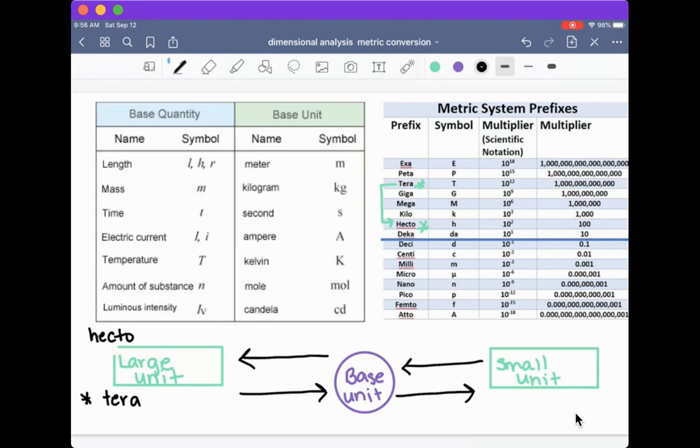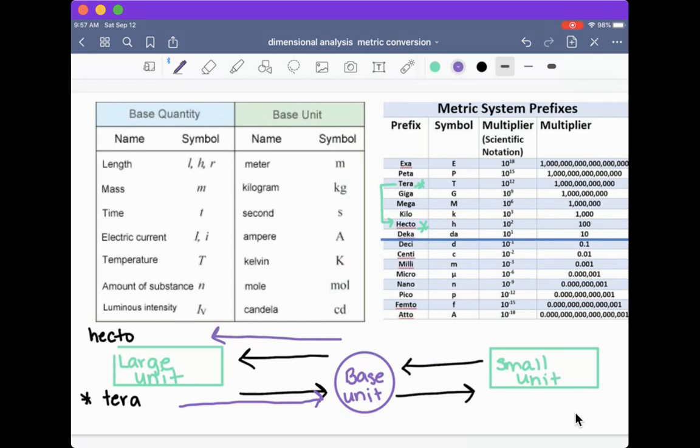Now in order to get there, I'm going to have to follow my map. Starting at the tera and ending at the hecto, I'm going to go into the base unit first. I'm going to find the equality that gets me into the base unit, and then I'm going to take it from the base unit back into the hecto. So I drew two arrows, so I'm going to use two equalities.